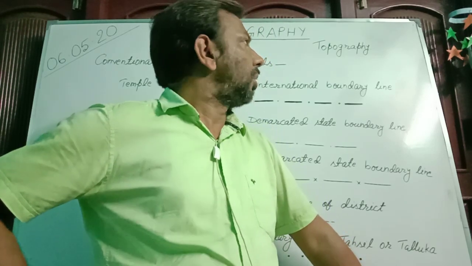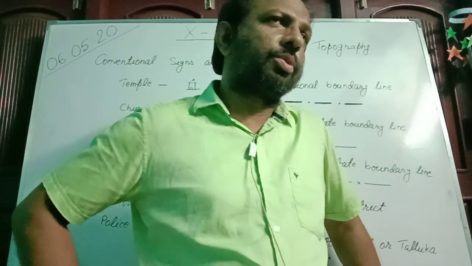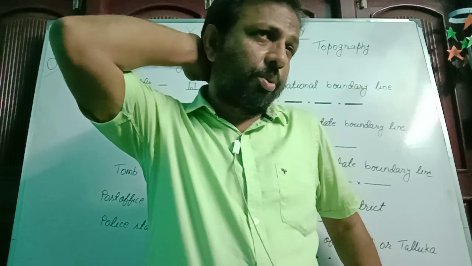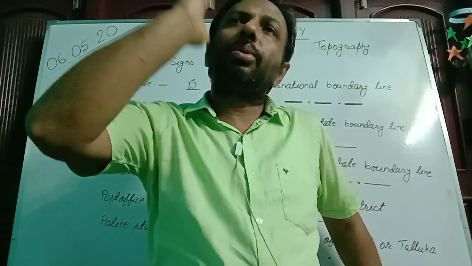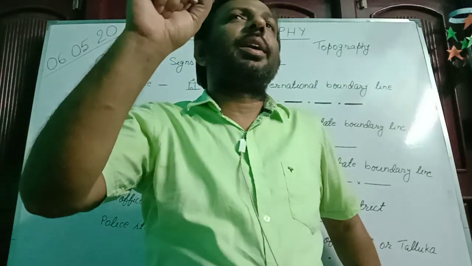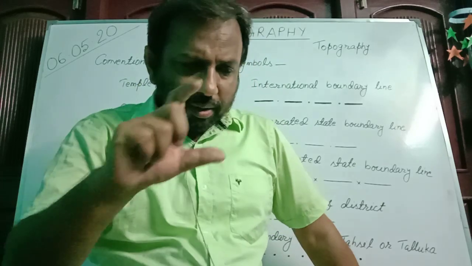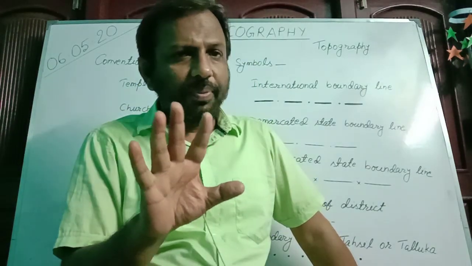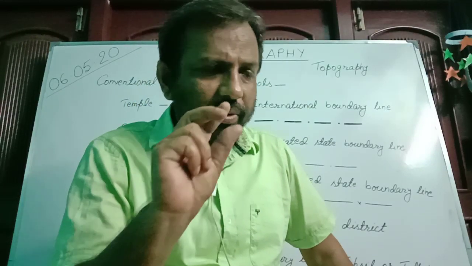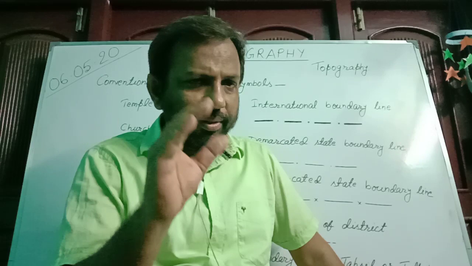One question will consist of topography. Those questions will be asked from the topo sheet. There are 2 topo sheets, 45 D7 and 45 D10. Out of those, any one will be asked, and a piece of a topo sheet will be provided in the board examination. I want to say clearly, a piece of the topo sheet will be provided in the board examination.